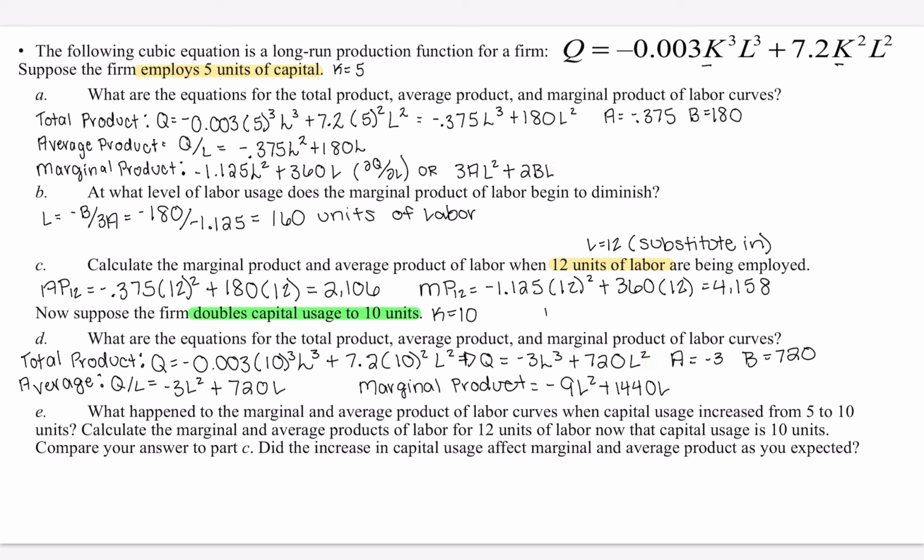So what happened to the marginal and average product of labor curves when capital usage increased from 5 to 10? Calculate the marginal and average product of labor for 12 units of labor.